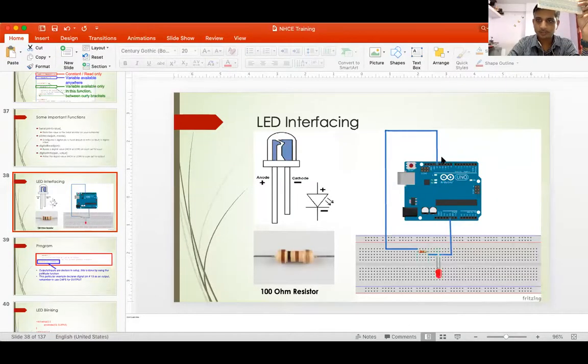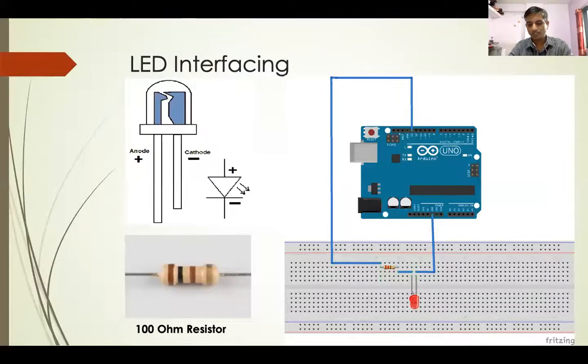Now how to connect it? The connection of this LED and the resistor is shown on the slide. If you have the board with you, you can make a connection. Right now, I'm making the connection.